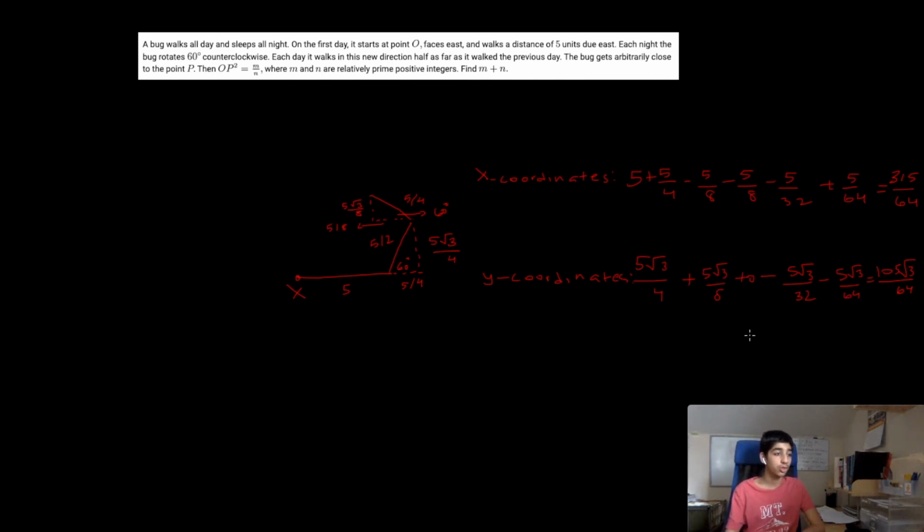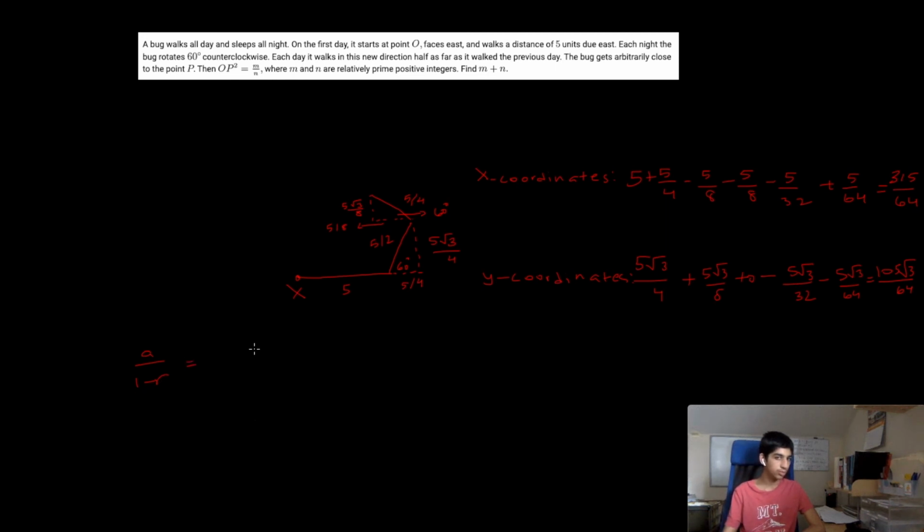Alright, so this is only the first 6 moves, but we notice that after this cycle of 6 moves, all of these moves repeat with a factor of 1/64. Taking that into account, we can use the formula for a geometric series, which is A over 1 minus R, where A is the first term of the sequence and R is the common ratio.